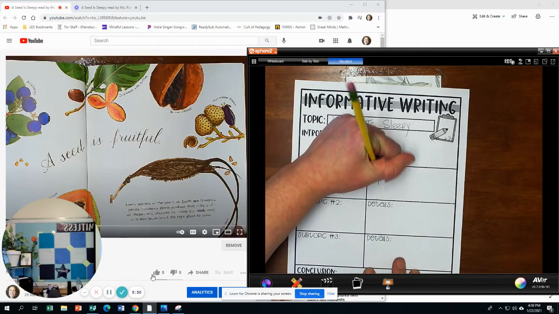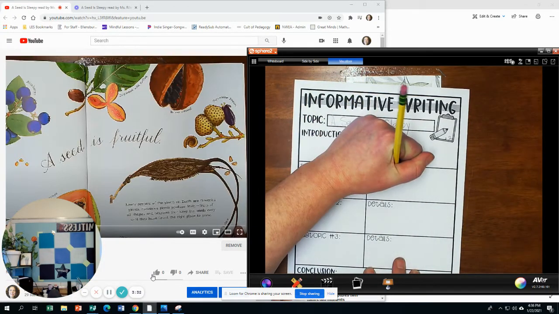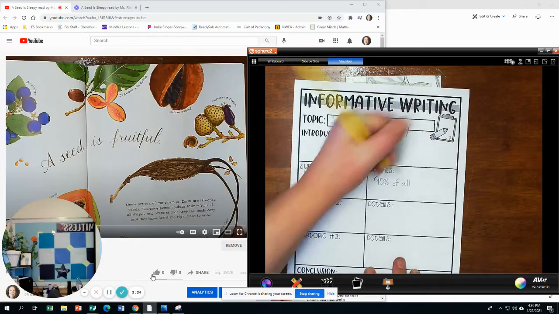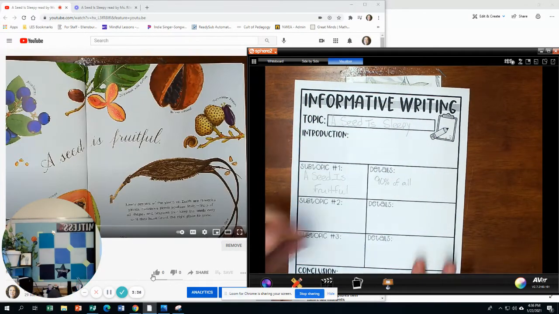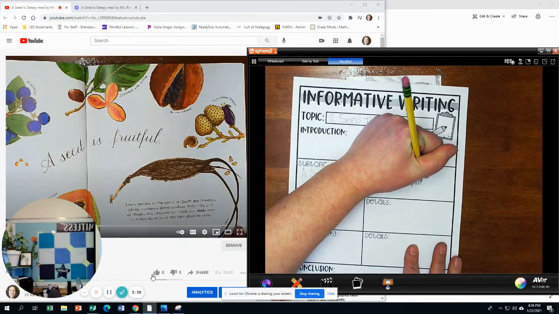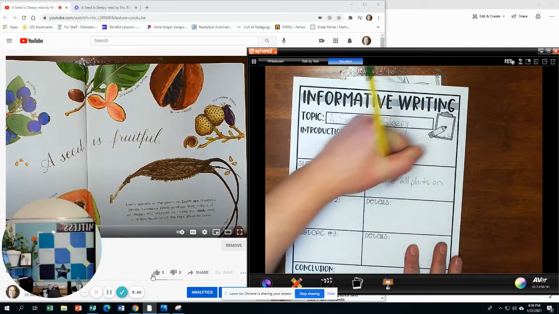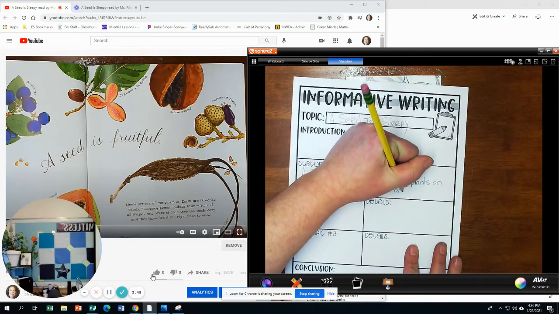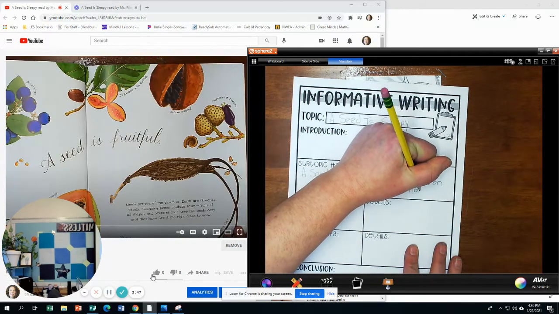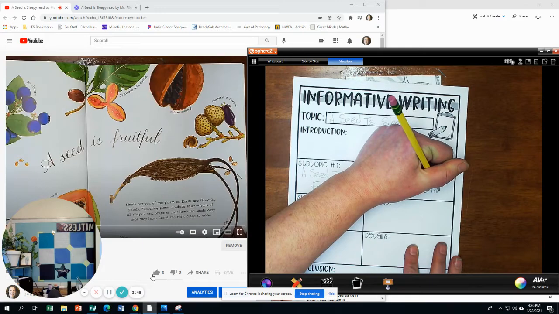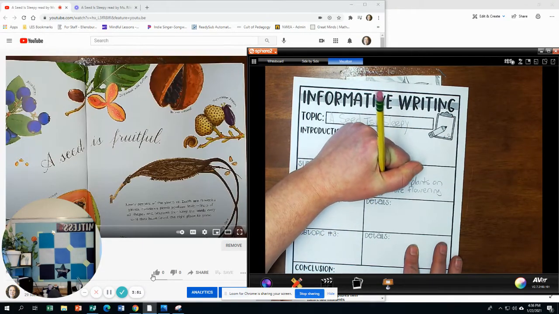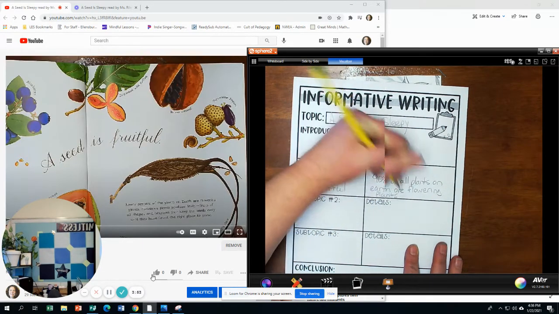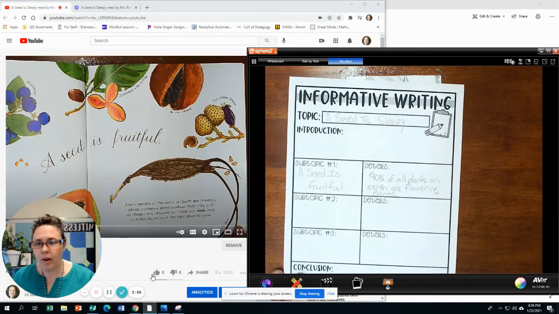So I'm going to add that. 90% of all plants on Earth are flowering plants. All right, I'm going to write that right in there.